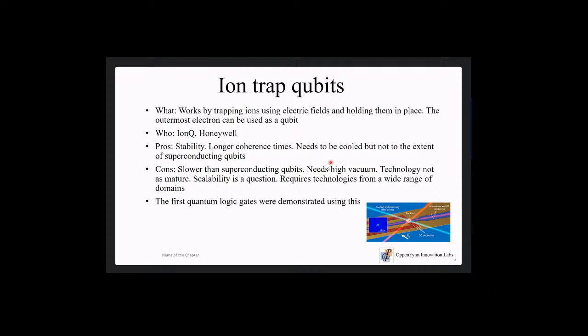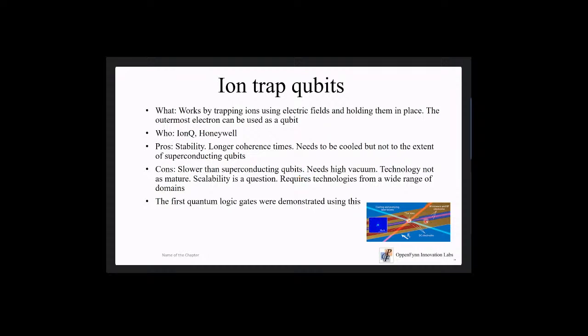Another problem is that it needs high vacuum. Now, the technology is not as mature as silicon technology or superconducting qubits. So that is a problem. Another big problem is that scalability is a question. We are not sure how scalable this technology might be. And another thing is, as you can imagine, you need technologies from a wide range of domains.